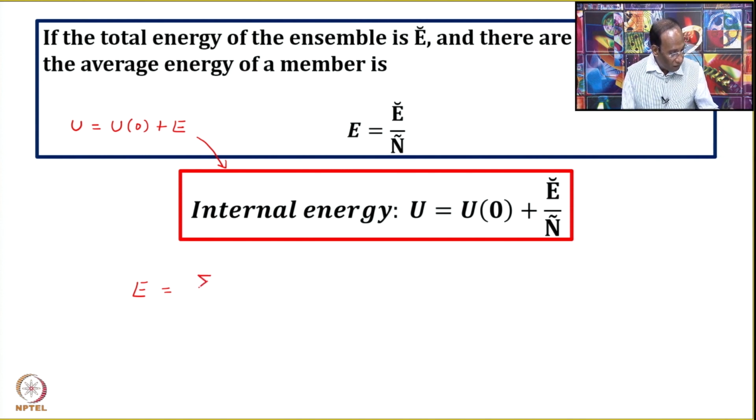This can be written as the sum over i of the number of members in an energy state i, Ni, times Ei, divided by N. I am retaining that N.